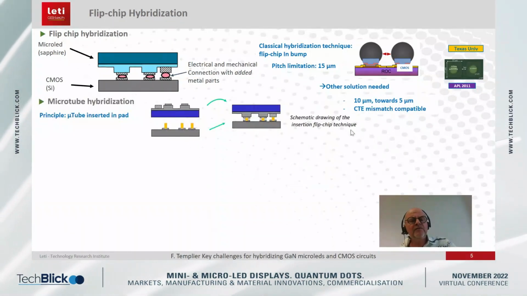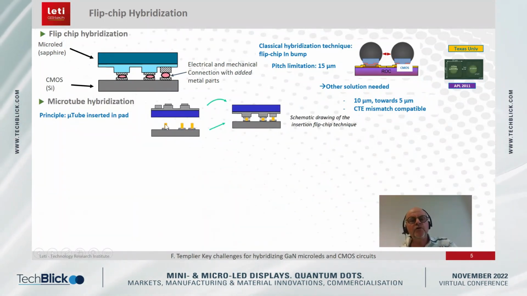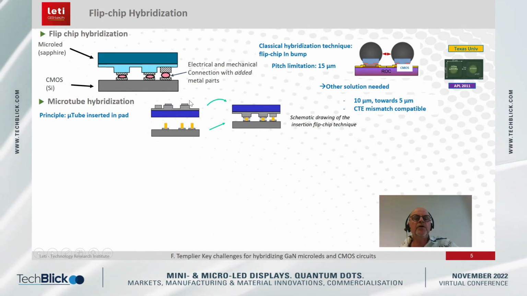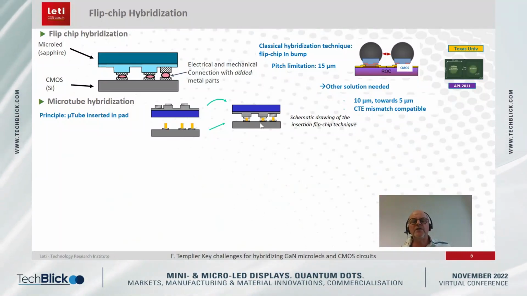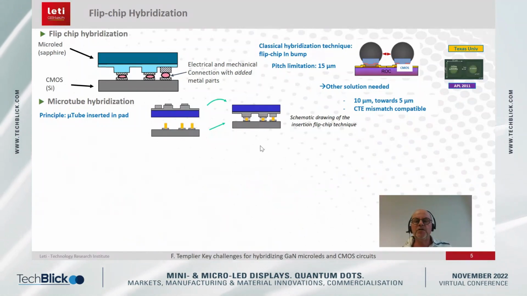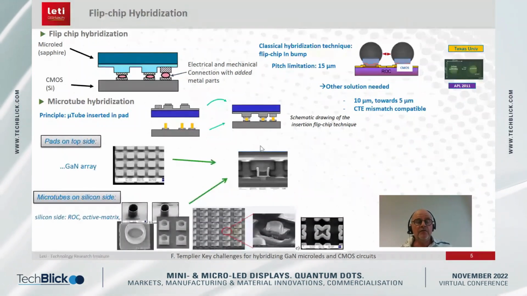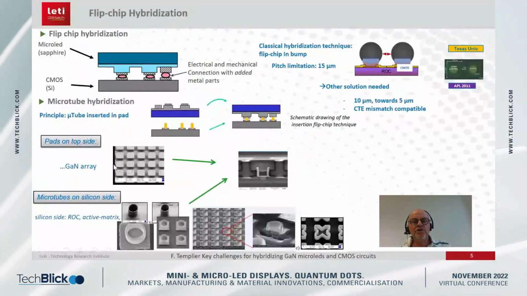At Leti, we have developed this solution called the microtube, where the principle is to fabricate microtubes on one side and pads on the other side, and then to apply a simple mechanical pressure between the two parts at room temperature, and then we can make both mechanical and electrical connections. These are scanning electron photographs of this approach applied to a micro LED display.